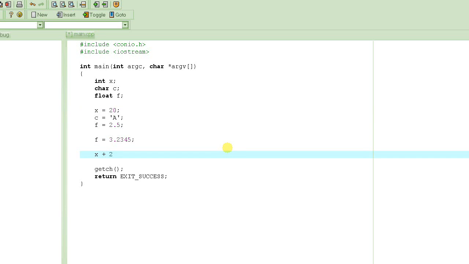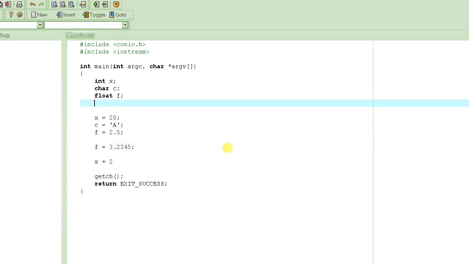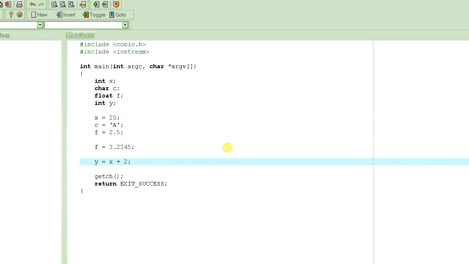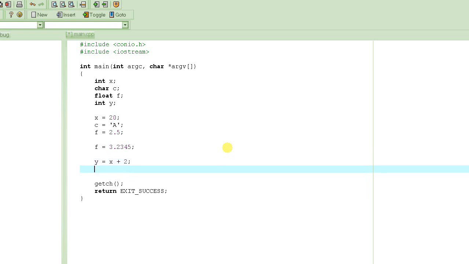And you can assign that resulting value to some other variable, like int y, and I can say y is equal to x plus 2, and don't forget the semicolon. What it does is it takes the value of x and then adds 2 to it, and whatever the result is, it assigns it to y. So at this point, the value of y will be 22.